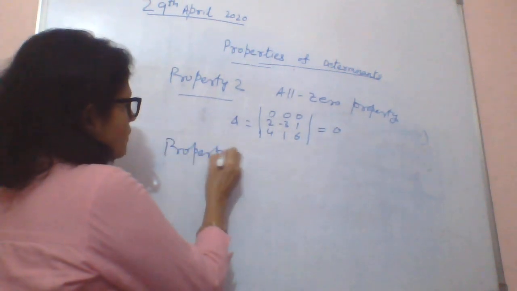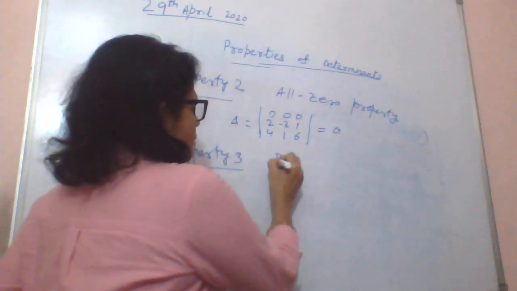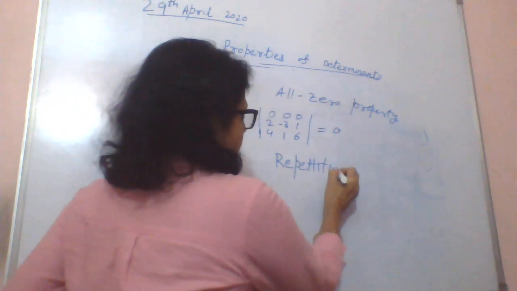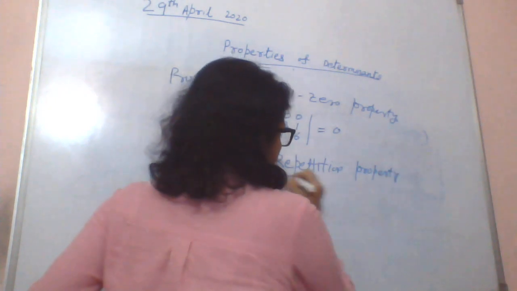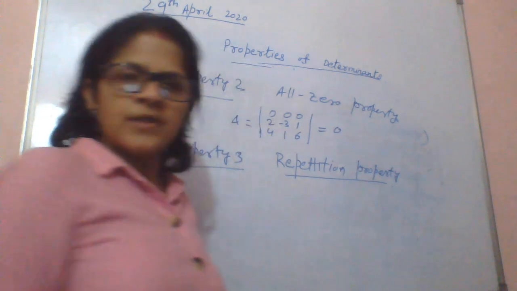Third property, property 3 is the repetition property. So what does the repetition property mean? Repetition means basically something is being repeated.